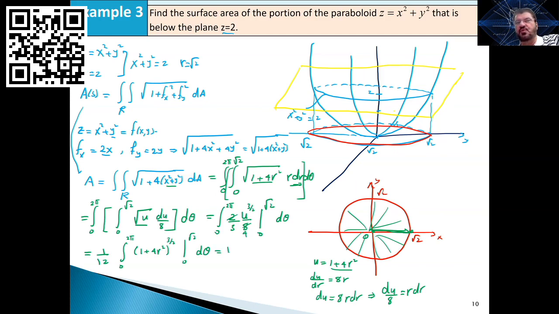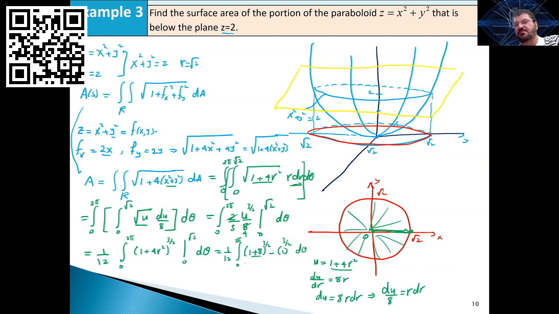So this is equal to 1 over 12 integration from 0 to 2 pi. First we replace r with root 2: when you square it, you get 2 times 4 is 8, so 1 plus 8, to the 3/2, minus, what do we put now? The 0. If I put the 0 here, you get 1 to the 3/2, d theta.